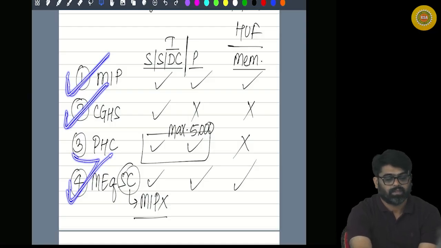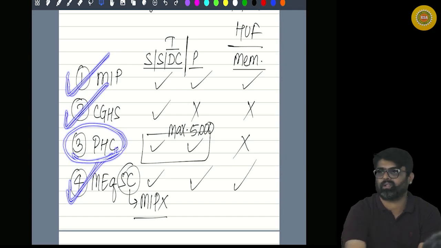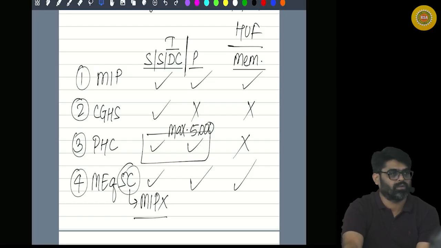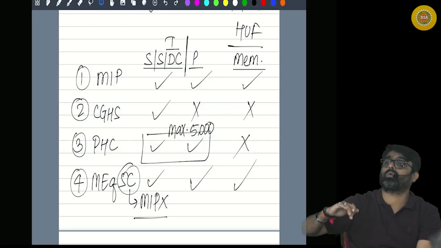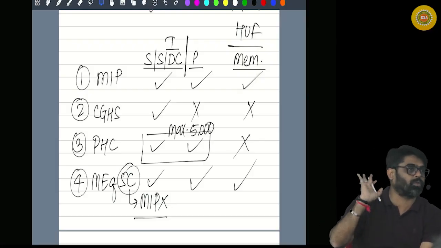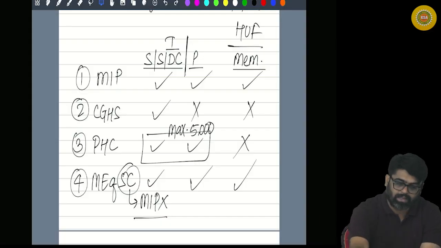But wait, there is no such restriction for preventive health checkup. Entire preventive health checkup will be allowed even if it is made in cash. But remember, the total amount of preventive health checkup qualifying for 80D cannot be more than 5,000. So preventive health checkup can be made in cash also. It can be made in kind.